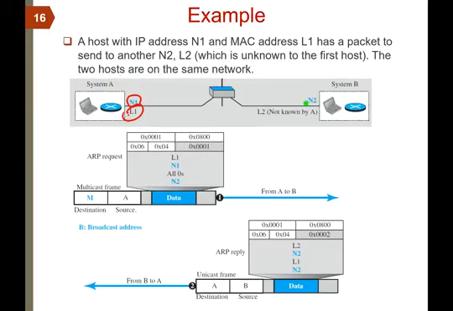So here you know N2, the network layer address of both the sender and receiver, but you don't know L2, because you just started to send the ARP request. So this will be a multicast request.